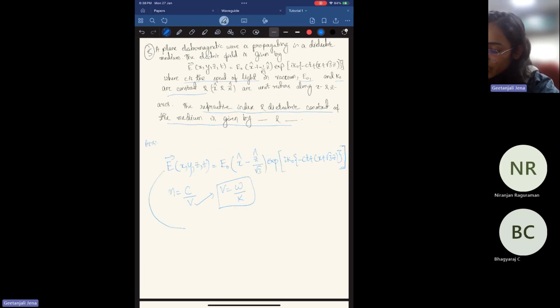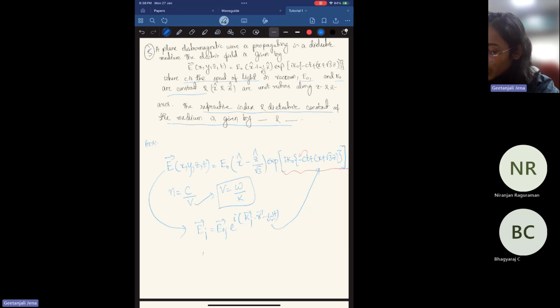So if you see this expression and compare it to the general form, E equals E0 e to the power i (k dot r minus omega t), omega is the coefficient of t. Beside t there is minus k0 c.